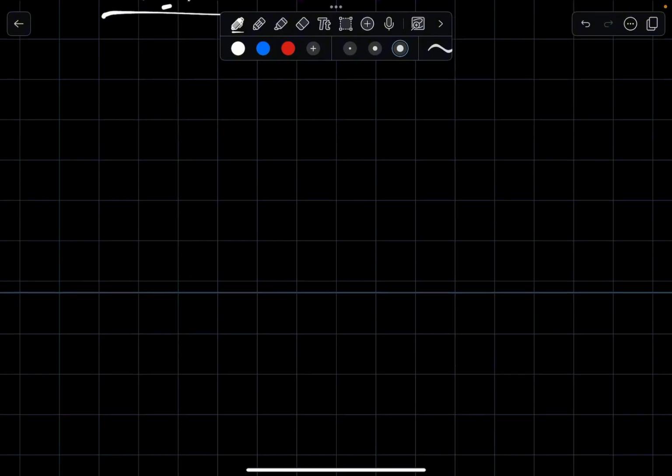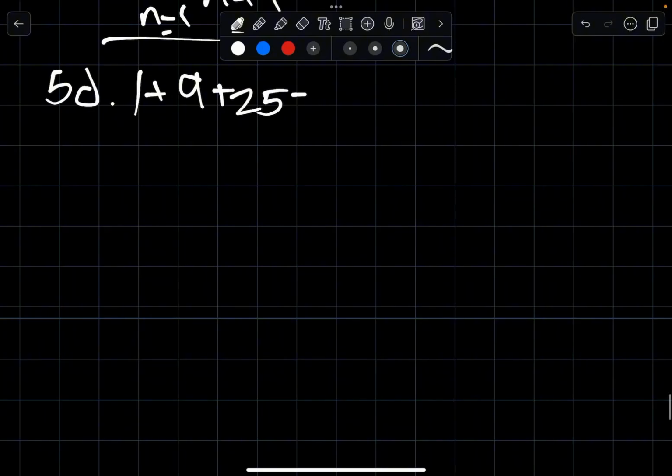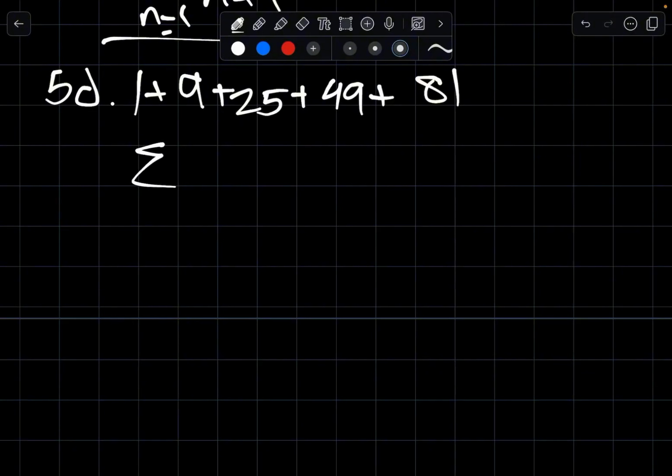Going on to 5D. 1 plus 9 plus 25 plus 49 and 81. Okay, first thing I see is these are all perfect squares, but none of these are even squares. I know these are all odd squares, 1 squared, 3 squared, 5 squared, and whatnot.